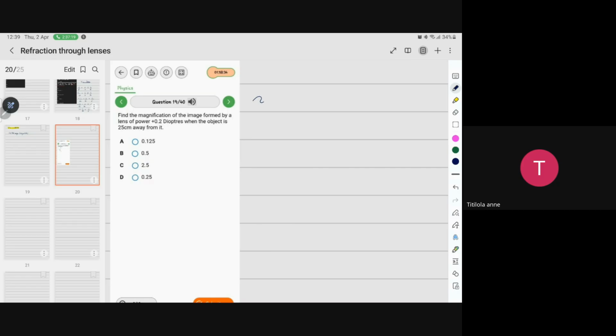So you have that M is equal to V over U, right? But then power is equal to 1 over F. Now, the object is 20 centimeters away from it, so it means that U is equal to 25. But since the dipole is 0.2, remember this one is centimeter, right?